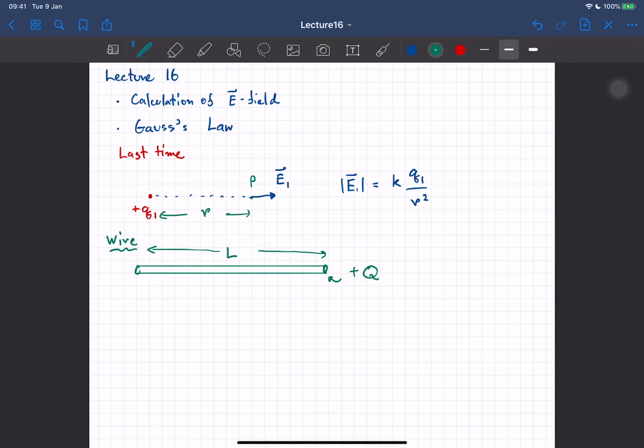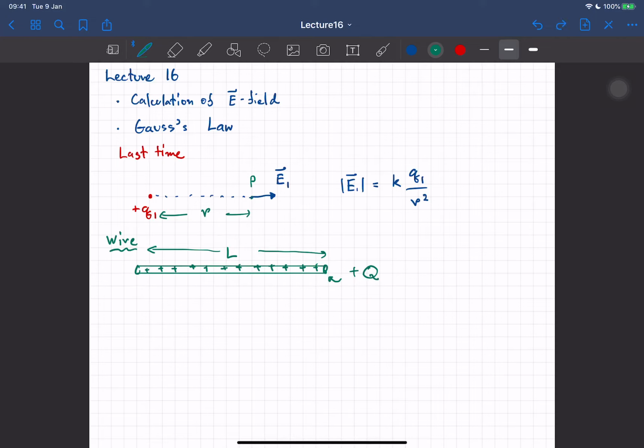So at the moment that you put plus Q into this rod, the charge will distribute throughout the rod, right? So there's going to be some plus charge everywhere. And if you count the amount of the plus charge in the whole rod, then you're going to recover plus Q. That's the idea.